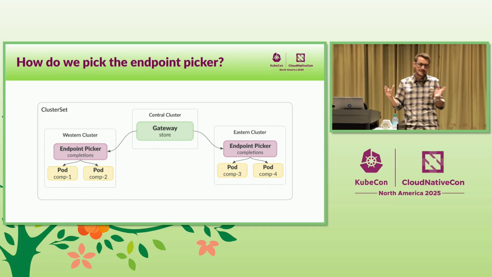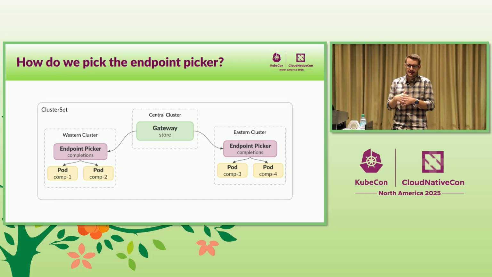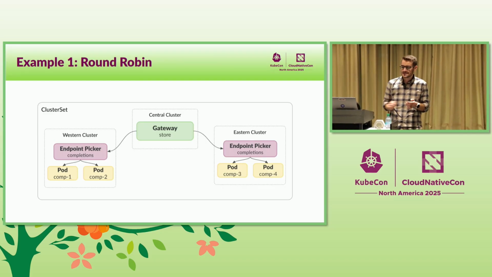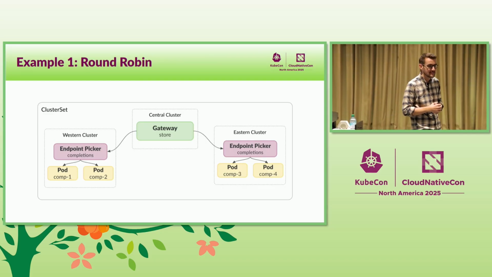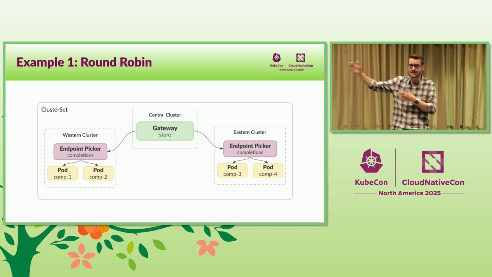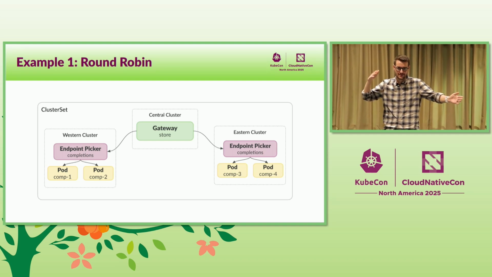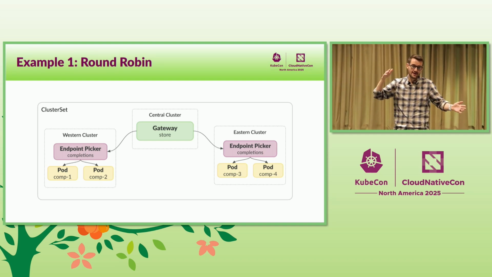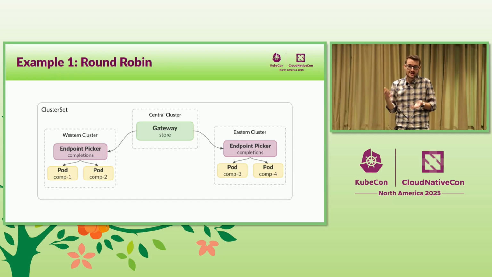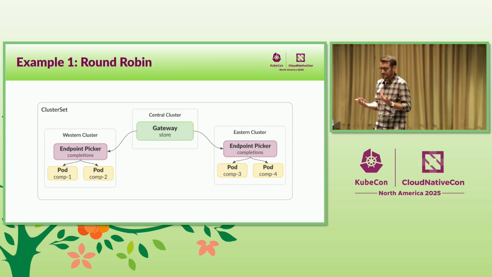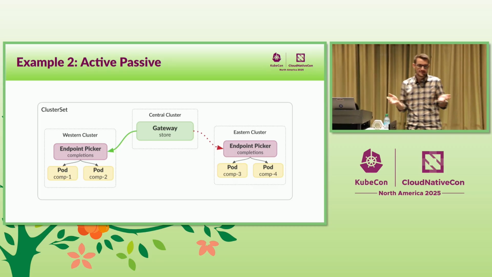Now, the answer right now is it's going to be entirely up to your implementation how they want to do this. The most simple thing is just round robin. I'm going to send traffic to this endpoint picker, then that endpoint picker, back and forth. That will work, but it's not going to be as optimized as we'd like. Another common use case would be active-passive, right?